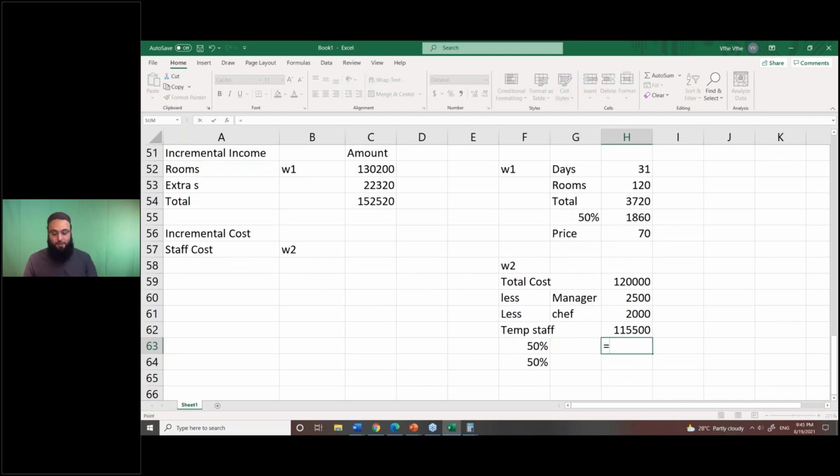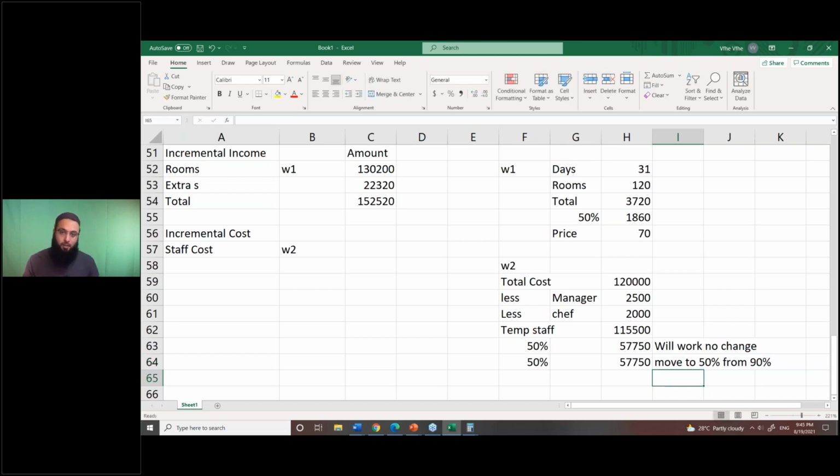So if I simply, first of all, divide this by 2, it is quite clear that this 50% will work with no change in the same way, okay? But this 50% will now move to 50% from 90%.